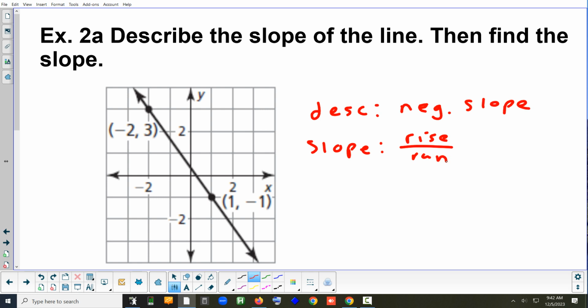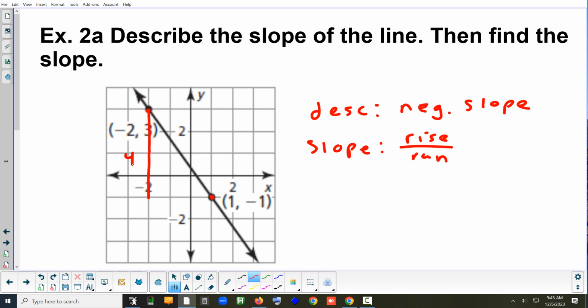Okay, let's figure out the rise between the points. The rise is the up and the down. So we're going to start here. And then which direction do I have to go to get to that point? So you're trying to get from here down to here. So we have to go 4 which way? Down. 1, 2, 3, 4. So that has a length of 4.